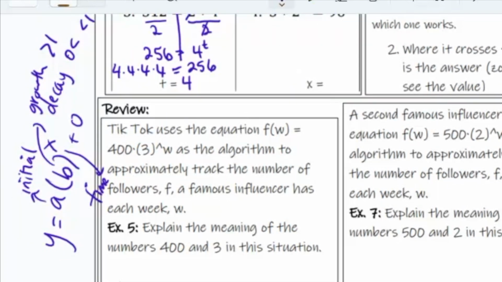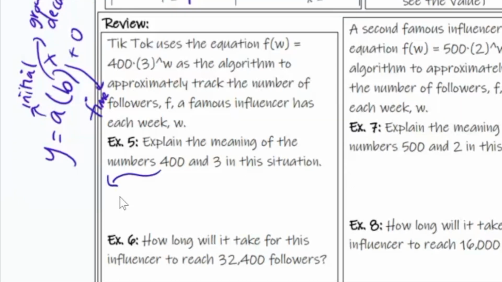So 400 in this situation, this is TikTok uses this equation as an algorithm to approximately track the number of followers. Okay, so 400 is the initial number of followers. If you don't know that, that means number, go ahead and write it out. Or you can say starts with 400 followers.